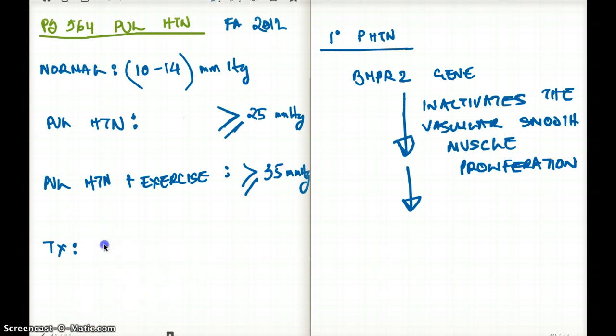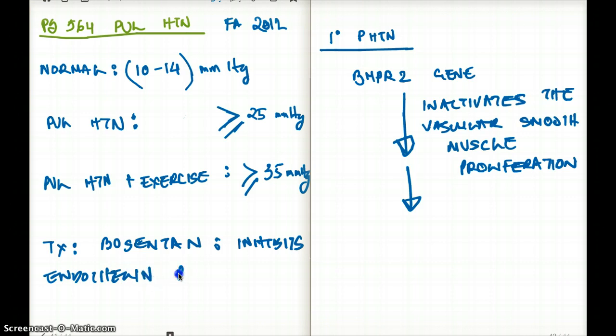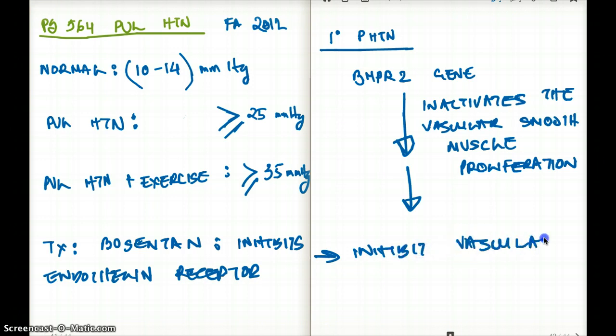Now, how do we really treat pulmonary hypertension? We use the drug bosentan. Bosentan inhibits endothelin receptors, so it will inhibit vascular smooth muscle proliferation.